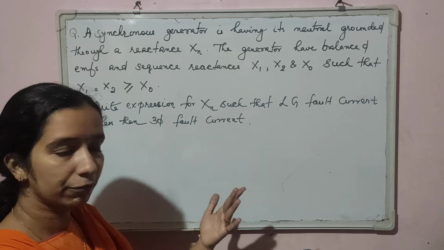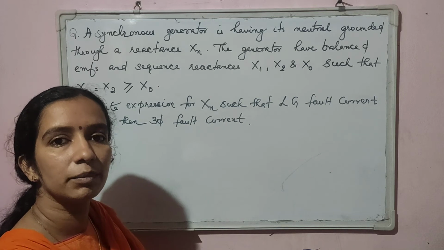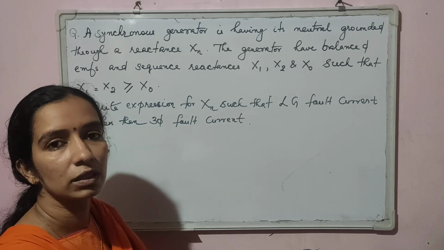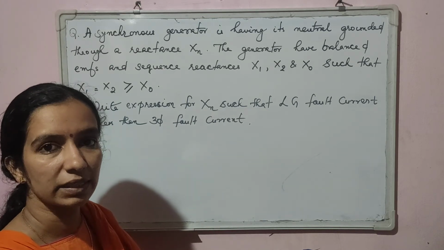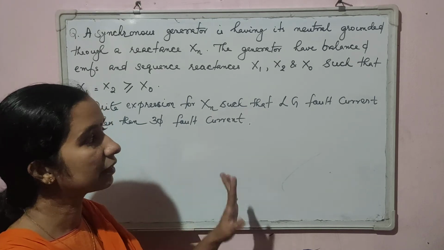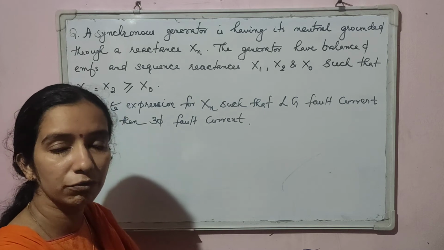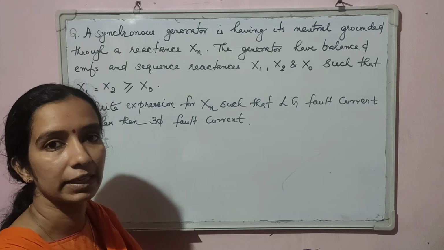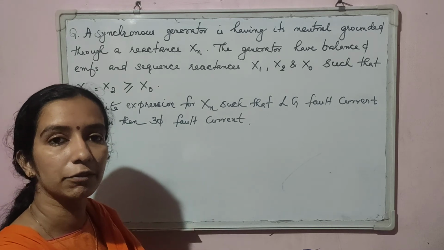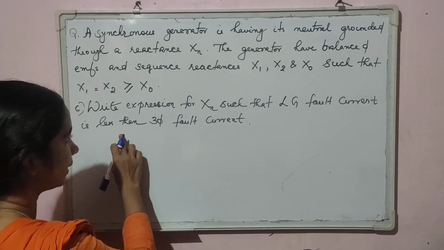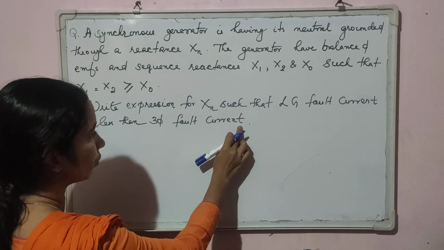If a reactance is connected between the neutral and the ground, the LG fault current will be less than the three-phase fault current, and we have to calculate the expression for that reactance Xn.